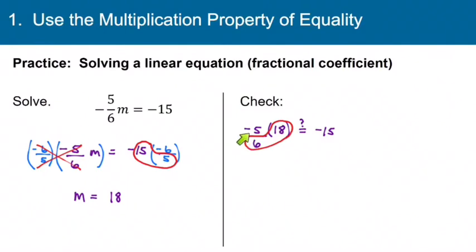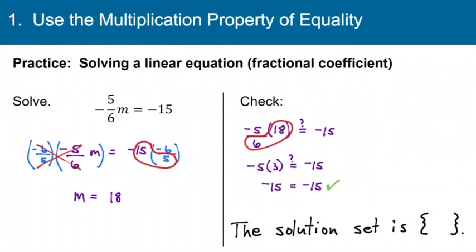So now this is giving us negative 5 times positive 3, and we know that is equal to negative 15. So our equation is true, and we have verified that this answer is correct. And we can say that the solution set for this equation is positive 18.